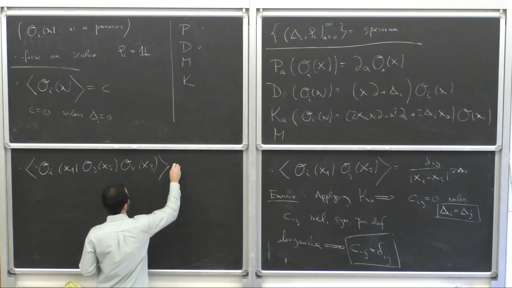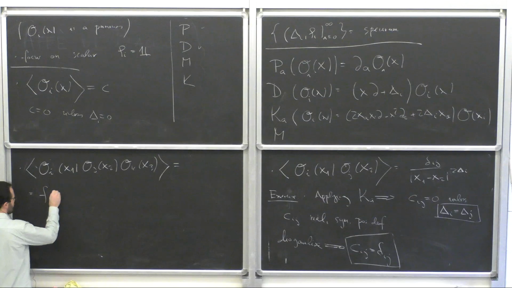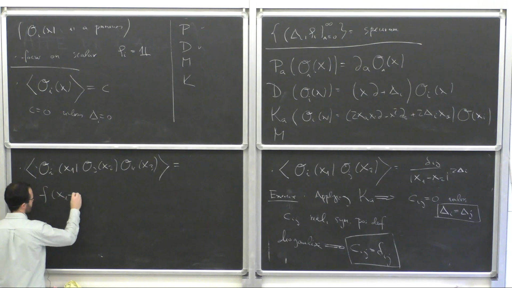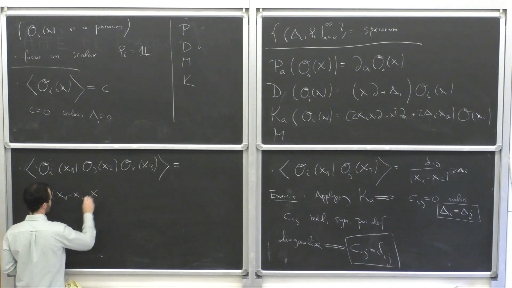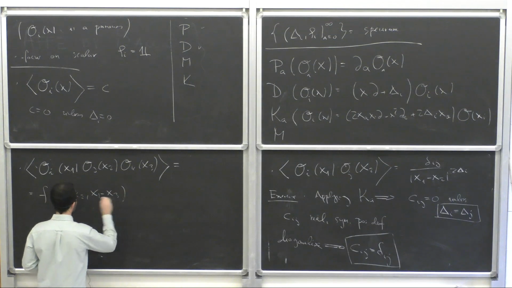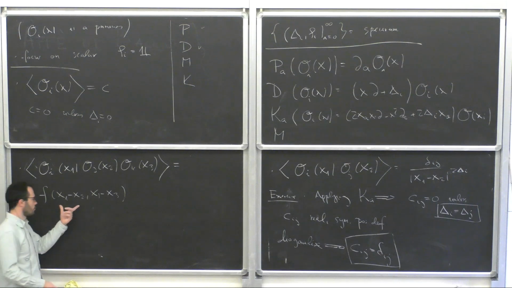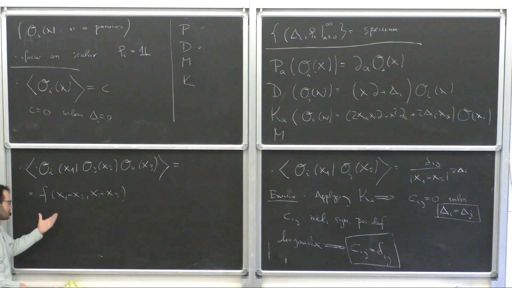If we use translations only, then it has to depend on these two vectors, x1 minus x2 and x1 minus x3, say. Now, if you use rotations, then it has to depend on their norms, and maybe also their inner product.